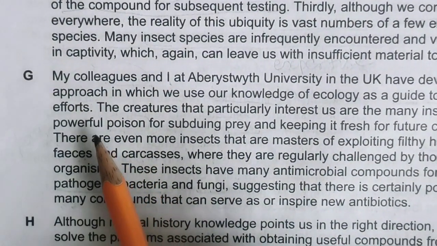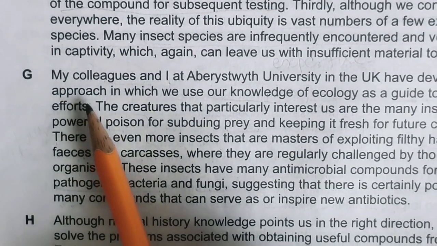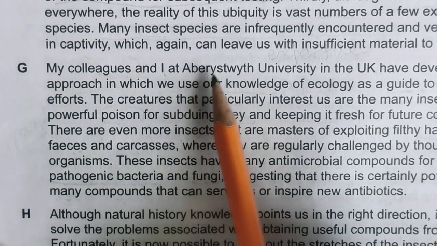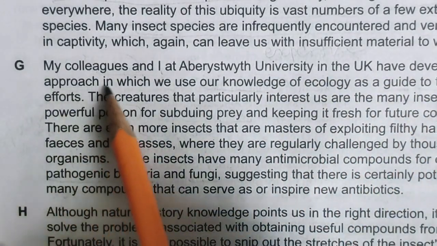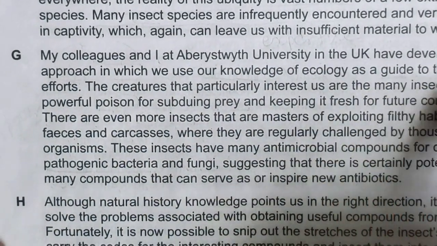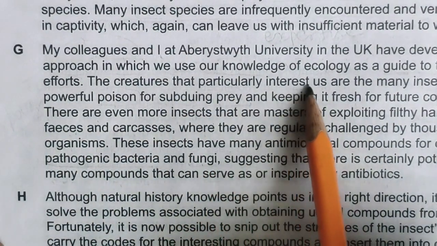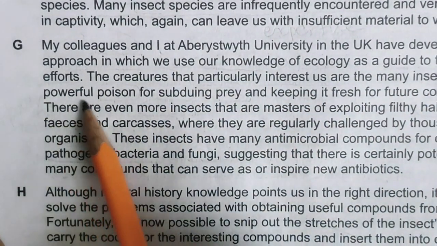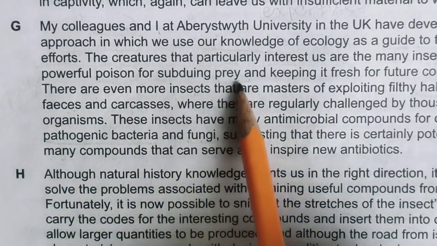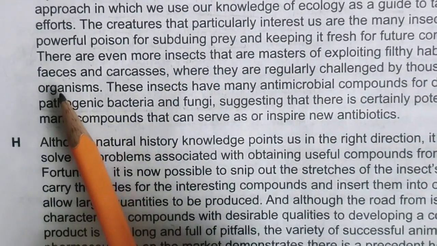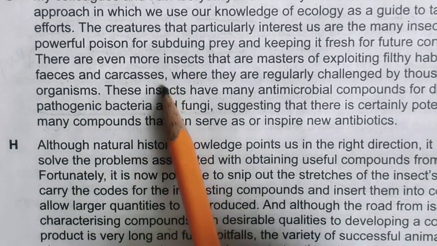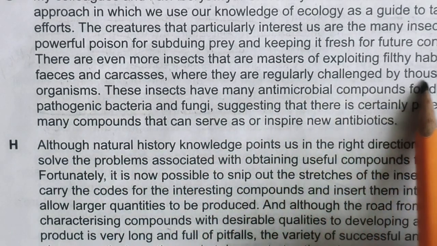Now let's move on to G. My colleagues and I at Aberystwyth University in the UK have developed an approach in which we use our knowledge of ecology as a guide to target insects that secrete powerful poisons for subduing prey, and those exploiting filthy habitats such as feces and carcasses where they are regularly found.